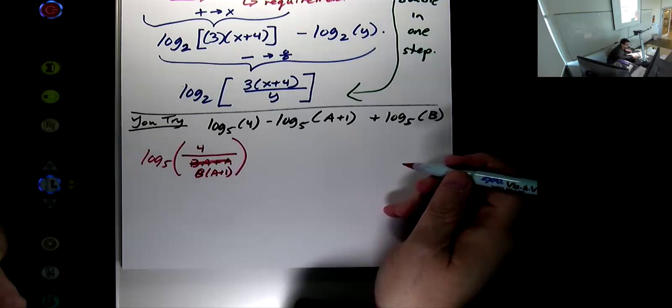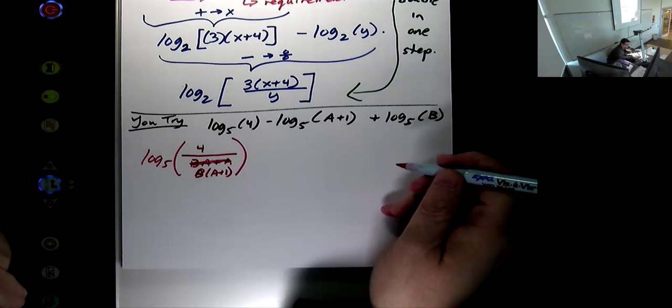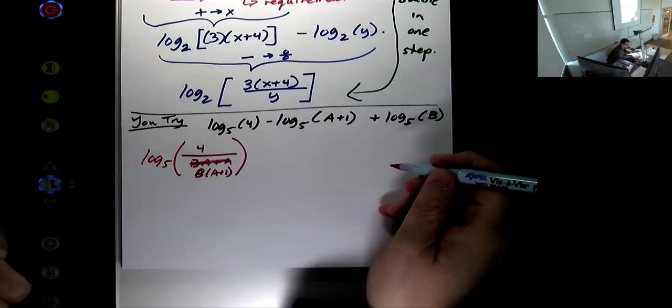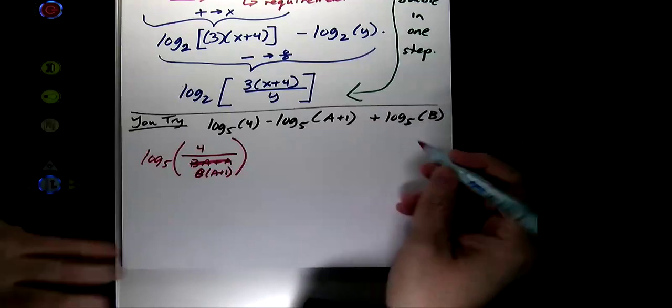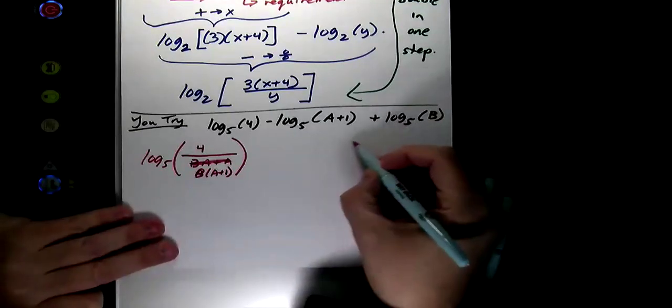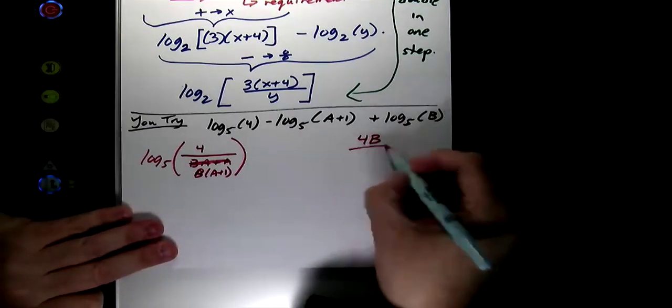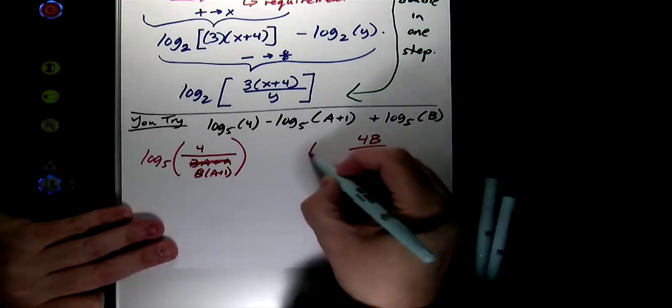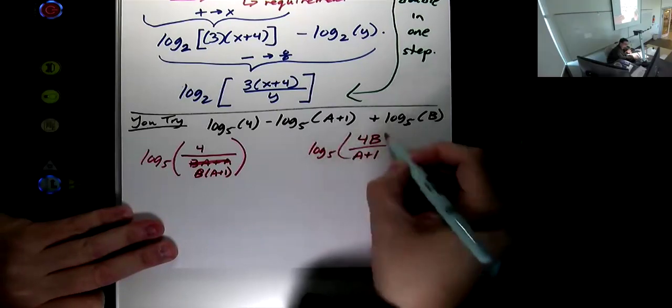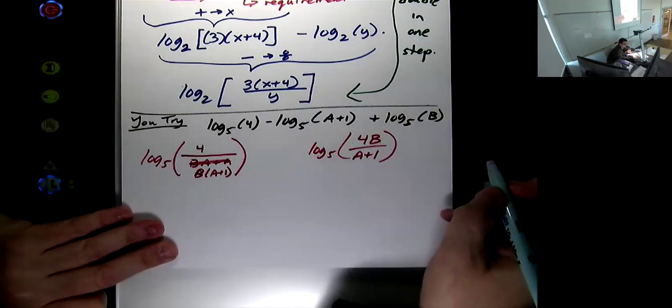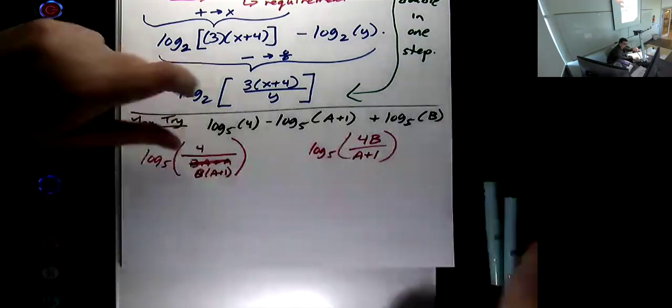This isn't correct, but it's close. I got 4b over (a plus 1). Anyone get that? That one's the right answer.